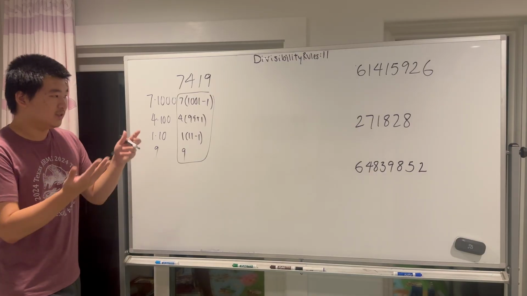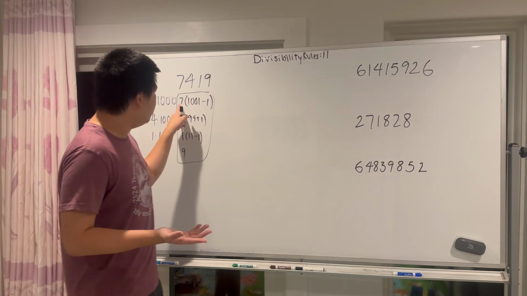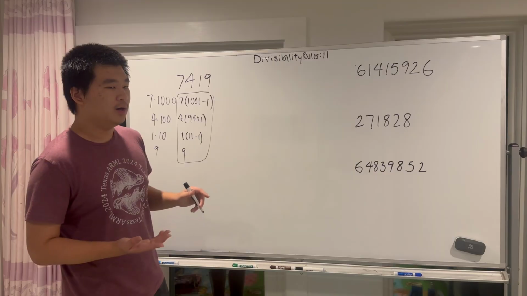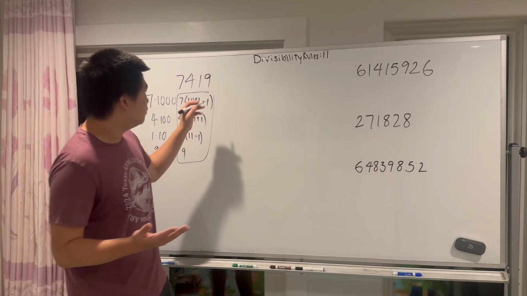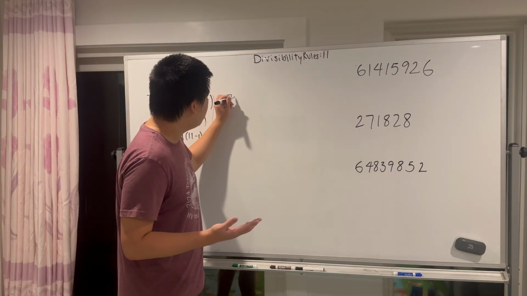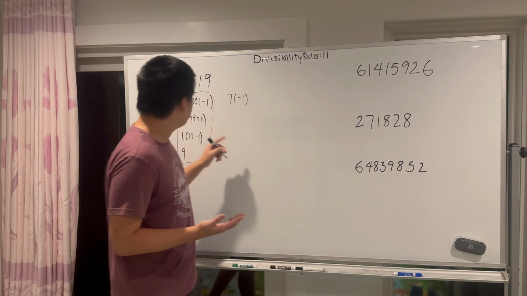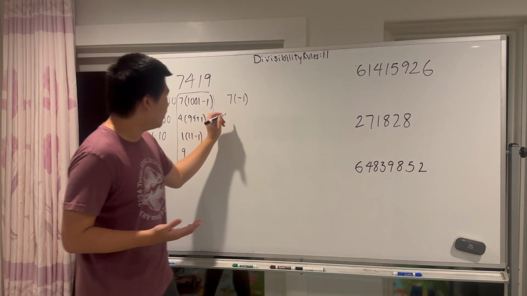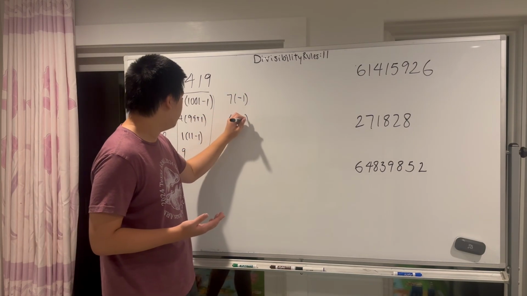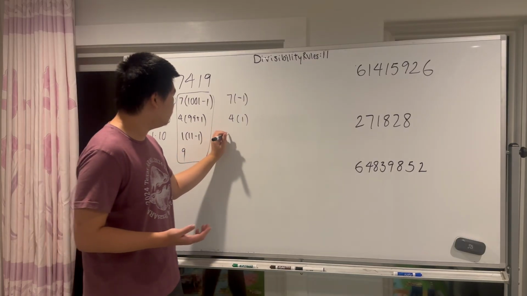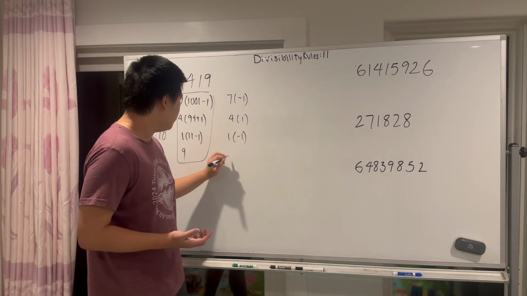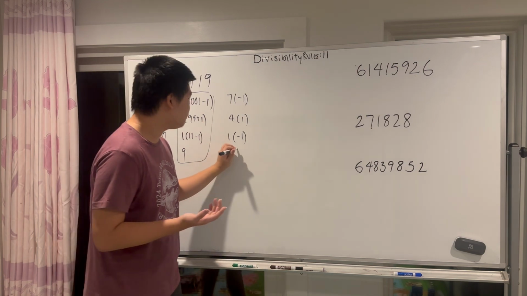So let's subtract our multiples of 11, because this 7 times 1,001, that's a multiple of 11. If we get rid of that, it's actually just 7 times negative 1. If we get rid of this 99, we actually just have 4 times 1. If we get rid of this 11, it's actually 1 times negative 1. And this is still 9.